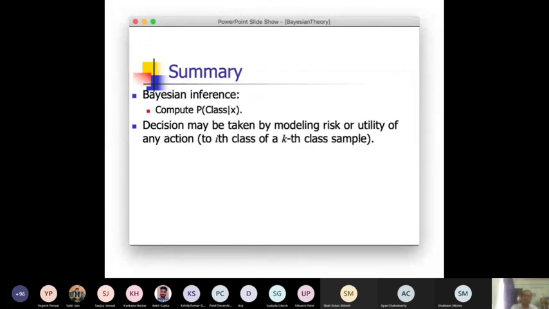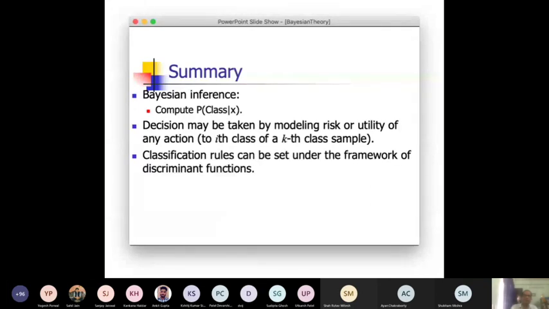Instead of a crisp decision on a particular class, you can use a weighted policy for taking a decision, like modeling risk or utility, as we have seen.